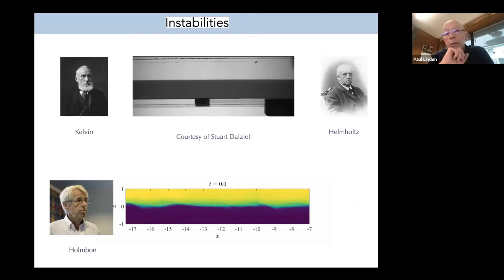What you can see in the picture are two layers of fluid, looking at the full depth of a tank. It's a long tank and you can't see all of it. The bottom layer, the dyed dark layer, is dense fluid. It's salt solution. The upper clear fluid is just fresh water.